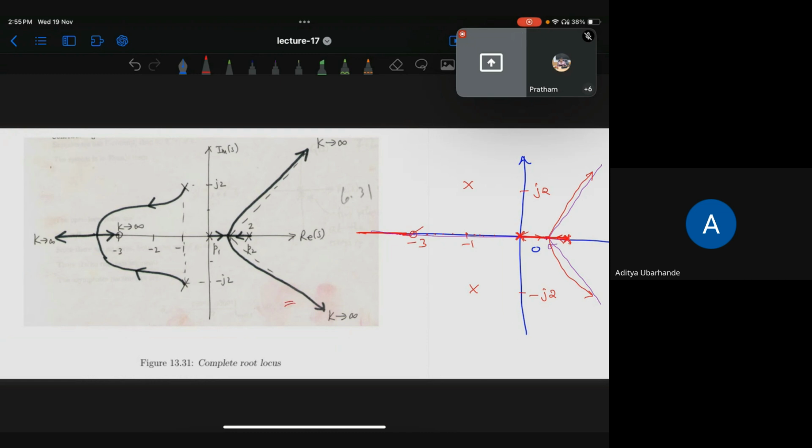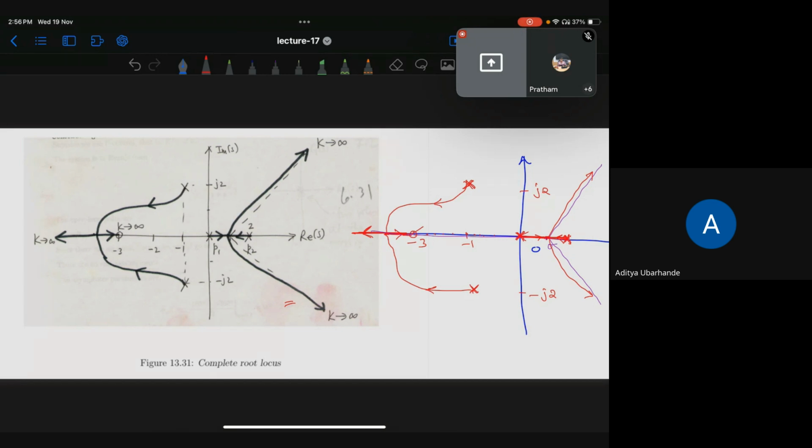Whereas you have these two poles, they travel like this, they meet at some point, and from there one pole will go towards this zero, the other pole will go to a zero at infinity. Okay, so this is the direction of the poles traveling.